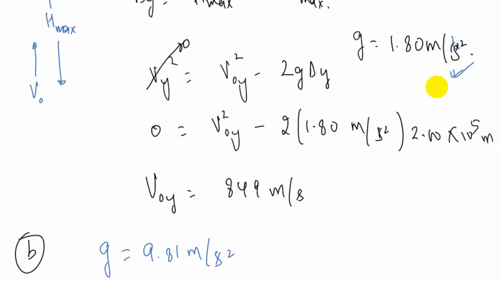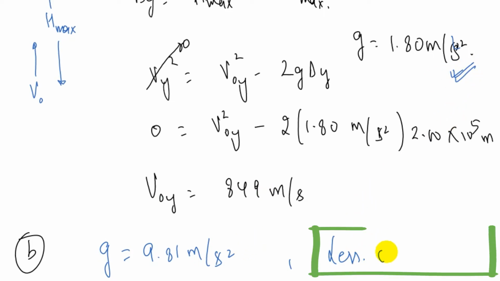So if the launch speed remains the same, the maximum height of the ejected lava on Earth would have been less, because the value of g on Earth is very high compared to this. So the answer would be, the maximum height would be less on Earth.